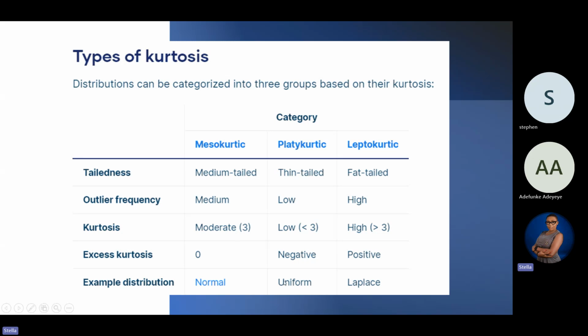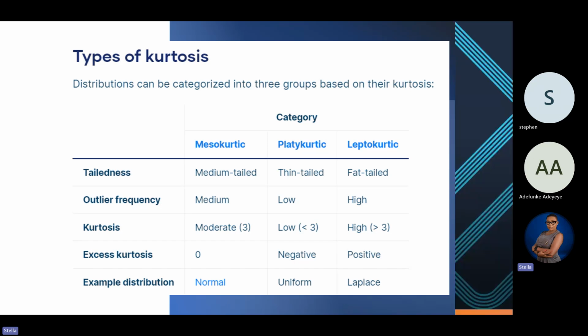There is not much variability in the data, because the data points are within the middle, more around the mean. That is why there are no outliers, so it is more of a uniform data set. But a leptokurtic is what we call Laplace, because it is not normally distributed. It is not even in any way.